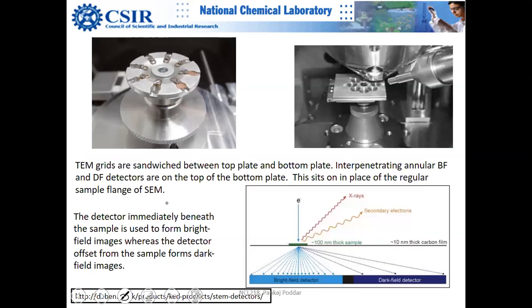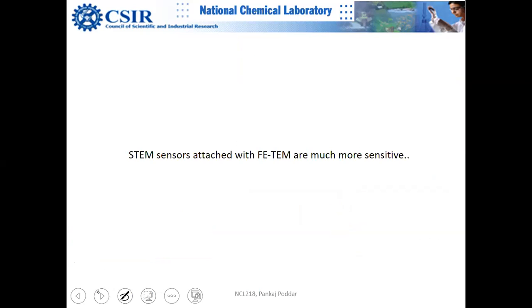So you can see another dimension. Okay, so here you can see, and you can see that this sits here, this guy. Okay, so this is how it is done. STM sensors attached with FESEM are much more sensitive.